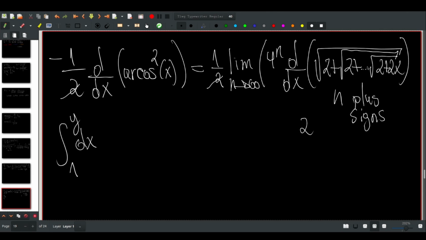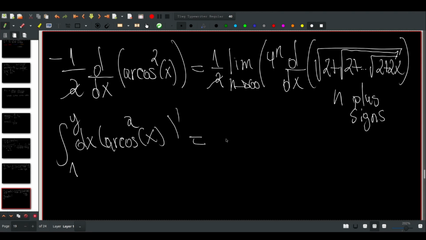This is the lower limit of the integral. In the upper limit, we get something that depends on y, but the lower limit is fixed. Okay, so on the left hand side, we can evaluate everything. We have the integral of the arccosine of x, squared, and this is prime.